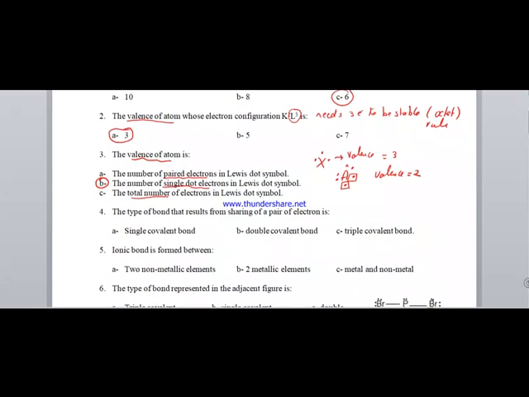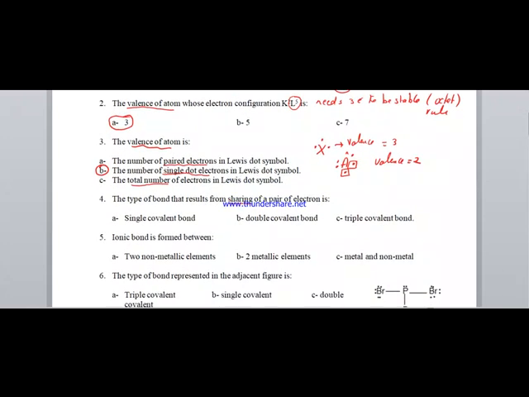The type of bond that results from sharing a pair of electrons, one pair of electrons, represents a single covalent bond.